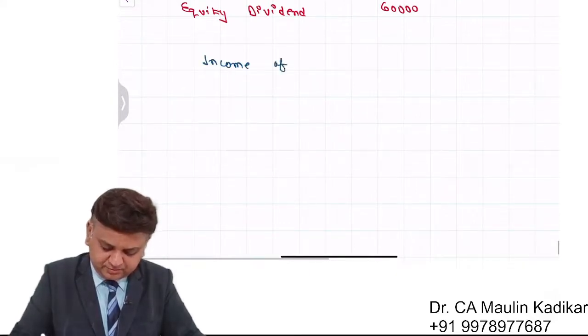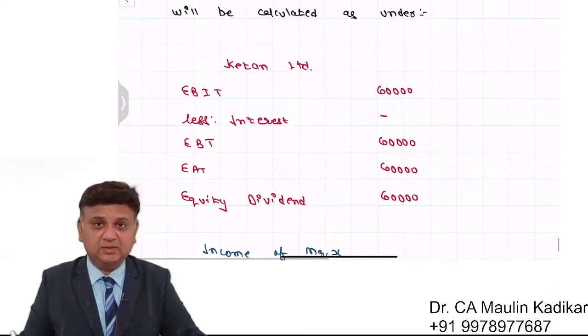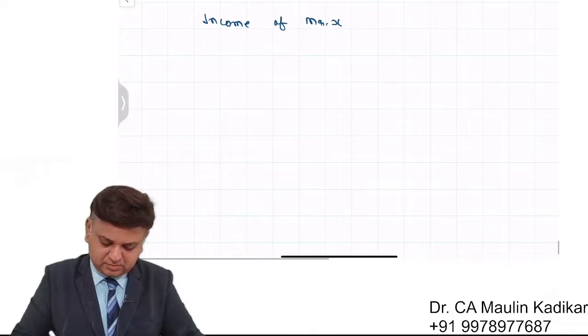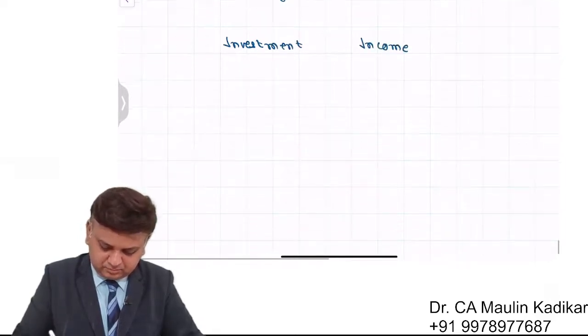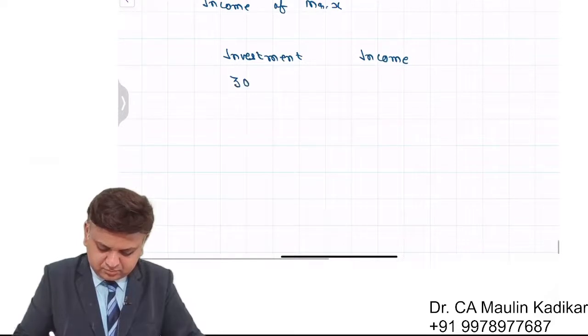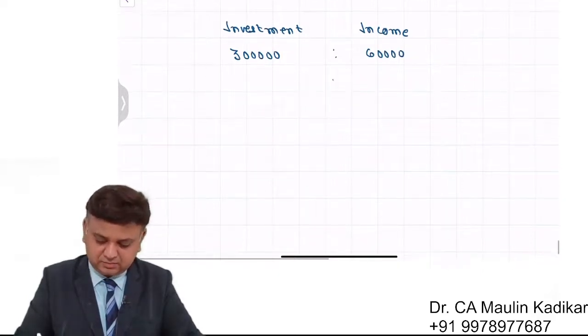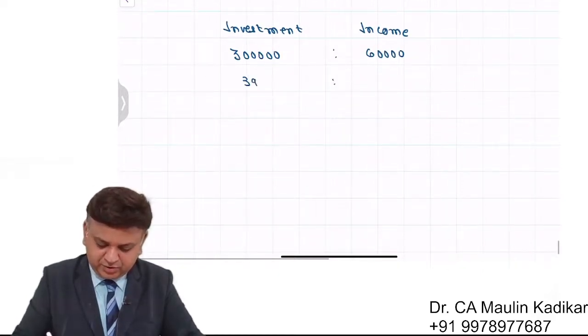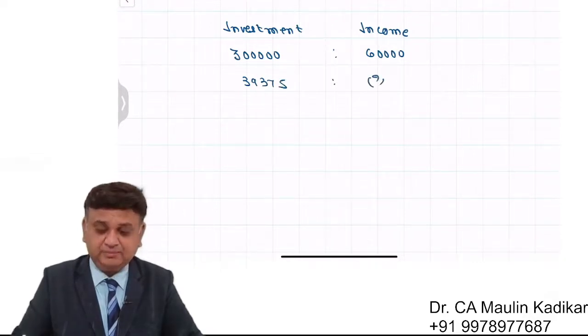Income of Mr. X. Investment income. For 3 lakh rupees of the investment, income is 60,000. For 39375 rupees of the investment, this is the income.